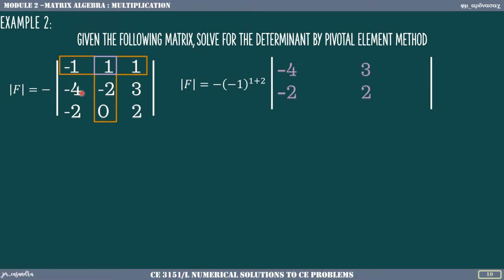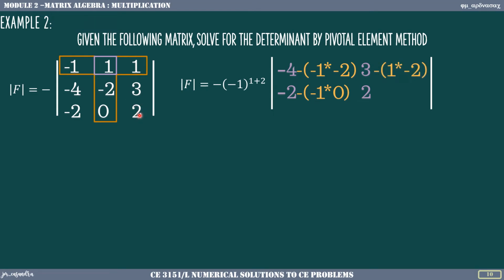So for negative 4, that will be minus negative 1 times negative 2. For 2, that will be minus this element, so minus negative 1 times 0. For this element, that will be 1 and negative 2, so that's minus 1 times negative 2.